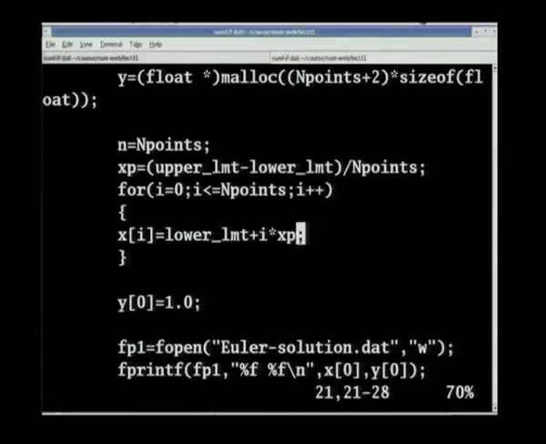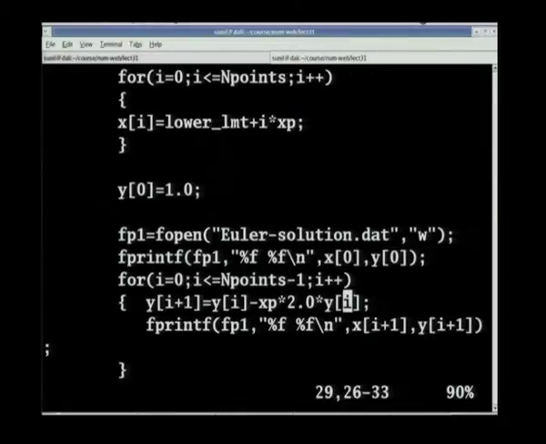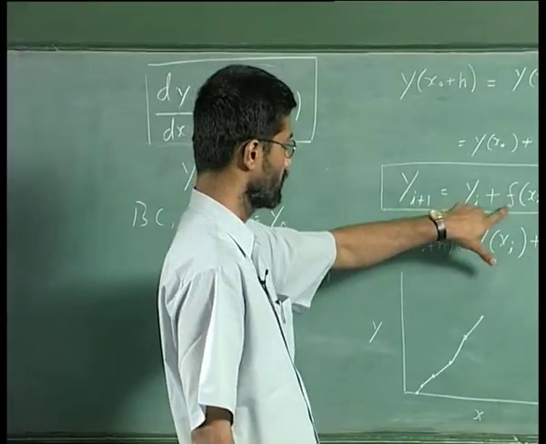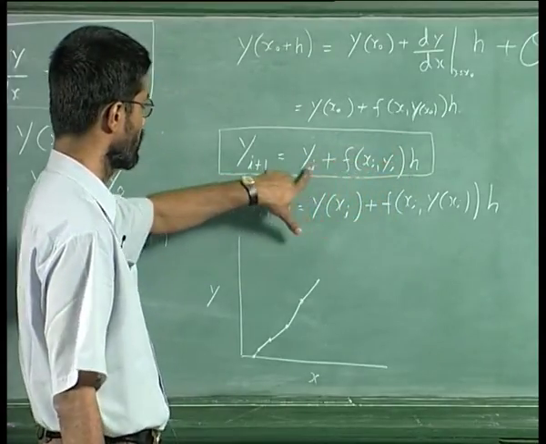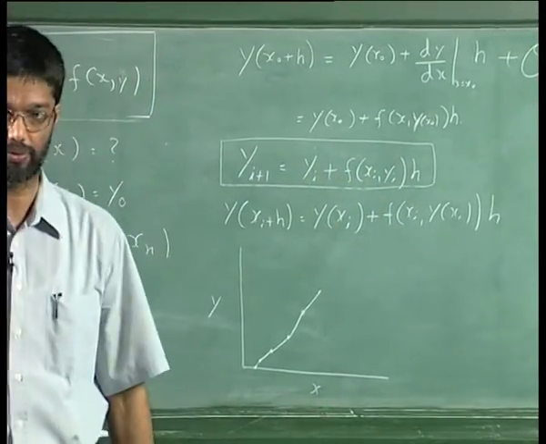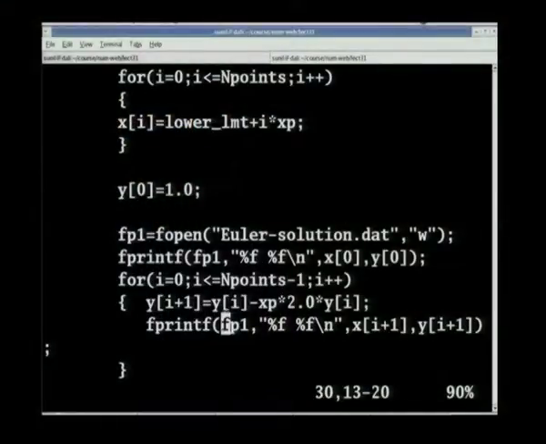And then I tabulated all the x values, and then I say that y at i plus 1 is yi plus the derivative function f times h. Here f is minus 2y. So, yi minus 2y into h is what we are going to use, and that is what it is here.